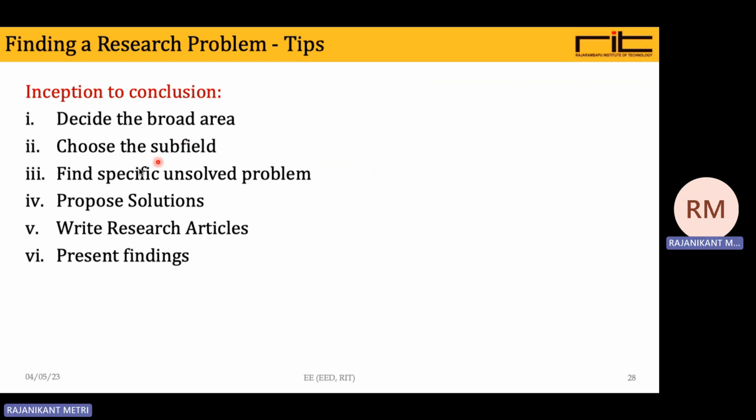Then comes the next point, that is find the specific unsolved problem. This is very important: in that particular subfield, do you find any problem, or any gap that still exists which is not solved by previous researchers? So this is the third point, finding a specific unsolved problem in that subfield.